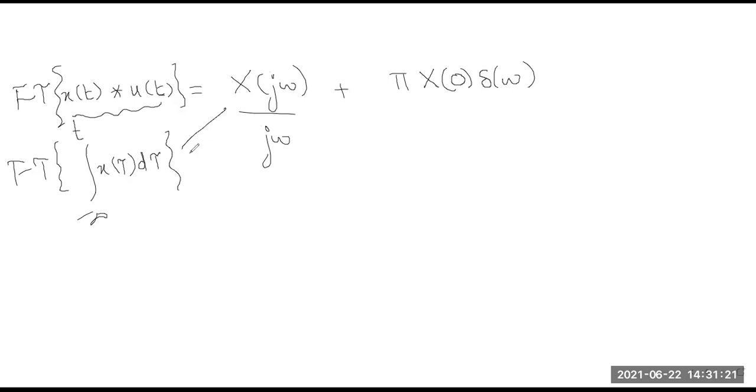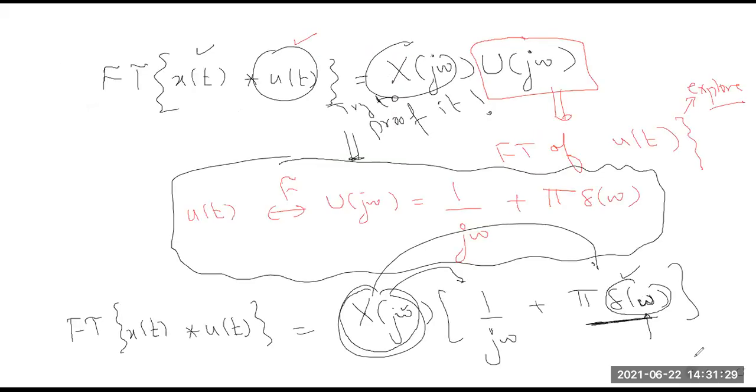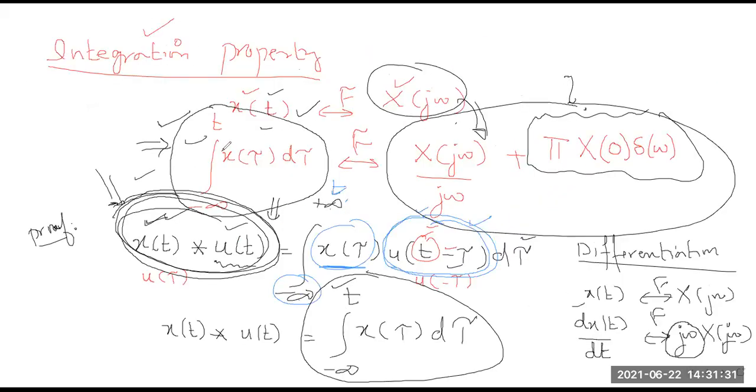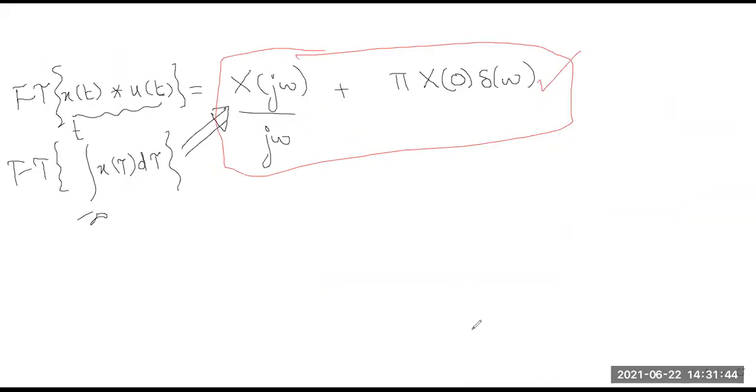So this result is actually the Fourier transform of this integral. So this is the result. And now if you go back to when we wrote the integration property, what will its Fourier transform be? X of j omega divided by j omega plus pi X of 0 delta omega, exactly the thing we have just proved.